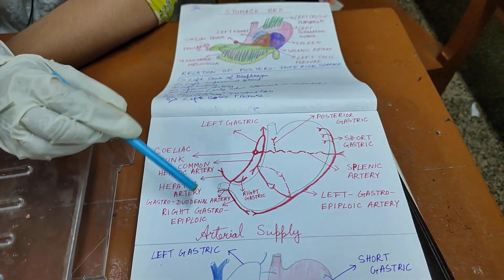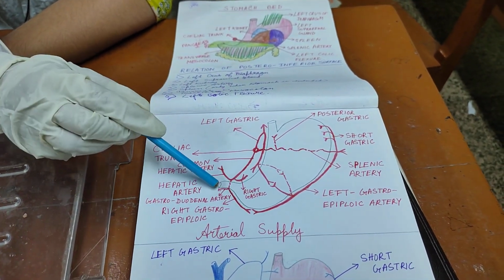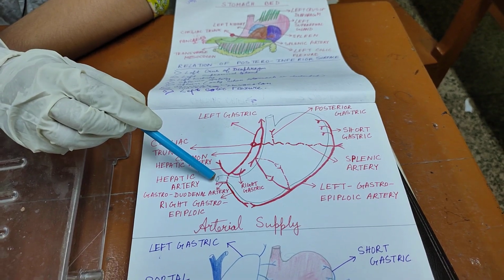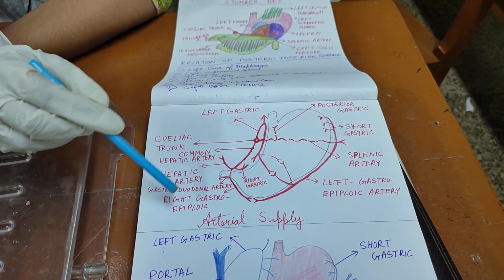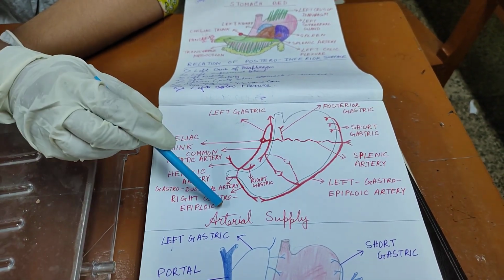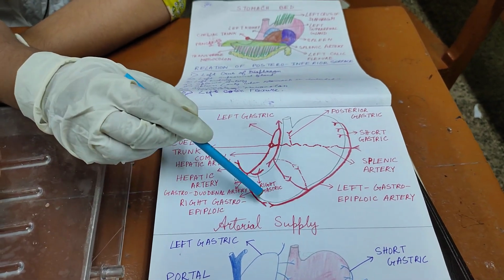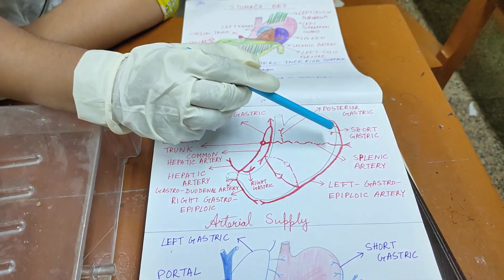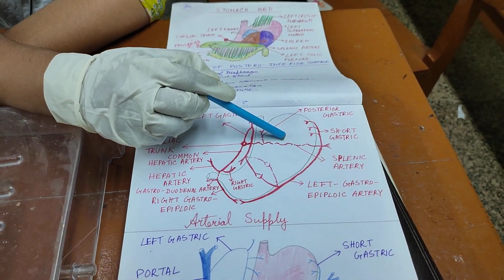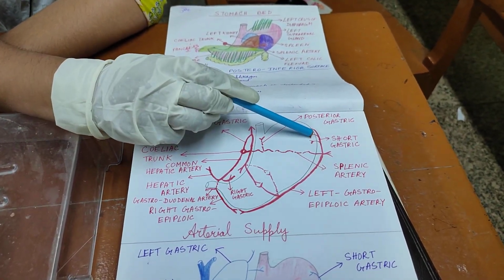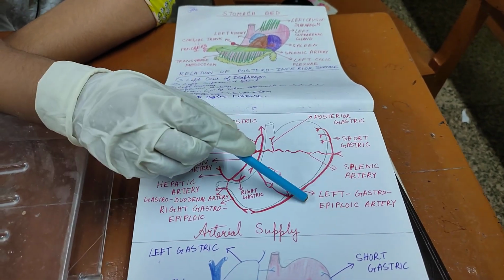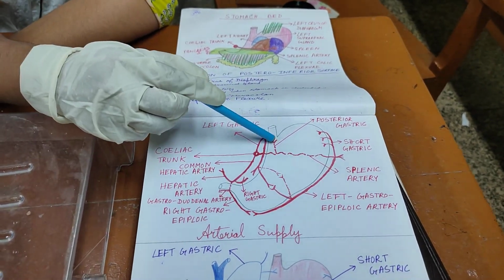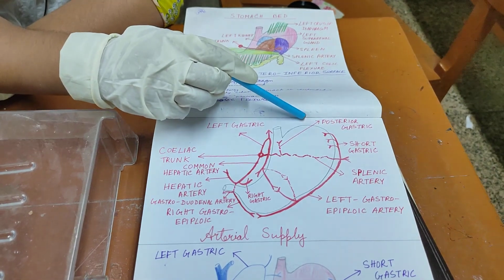The common hepatic artery also provides a branch known as hepatic artery. This hepatic artery gives rise to gastroduodenal artery. From the gastroduodenal artery, we get the right gastroepiploic artery, which runs along the greater curvature within the greater omentum. The splenic artery branches include short gastric artery, left gastroepiploic artery and sometimes posterior gastric artery.